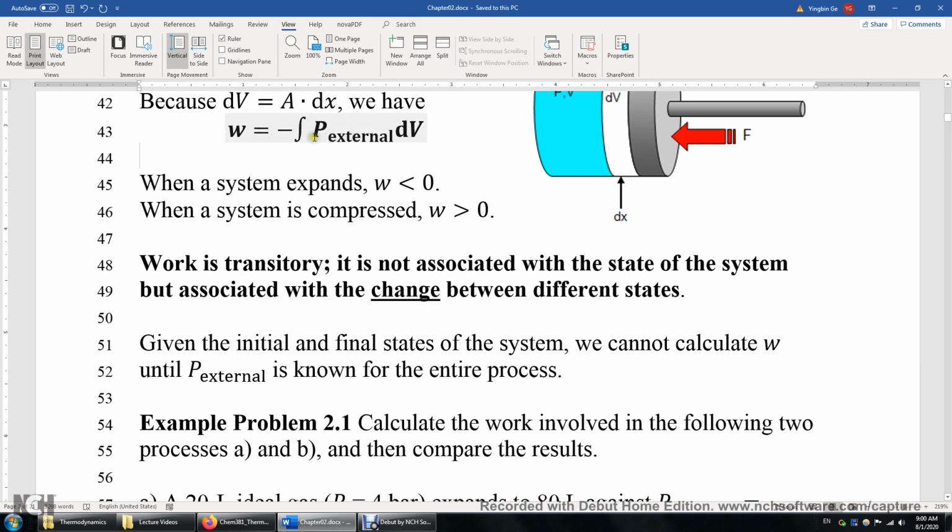Mathematically, if you're given the lower limit and upper limit of this integral, you cannot compute the work unless you know how this P external changes with volume. So this P external can be a function of volume. You need to know what the function is. If P external is a constant, you need to know the value of that constant. And then you can compute work.